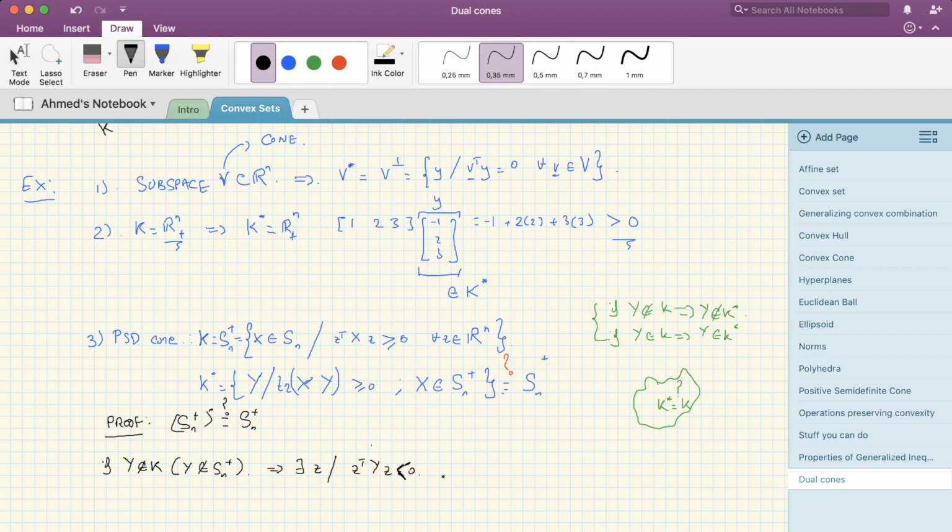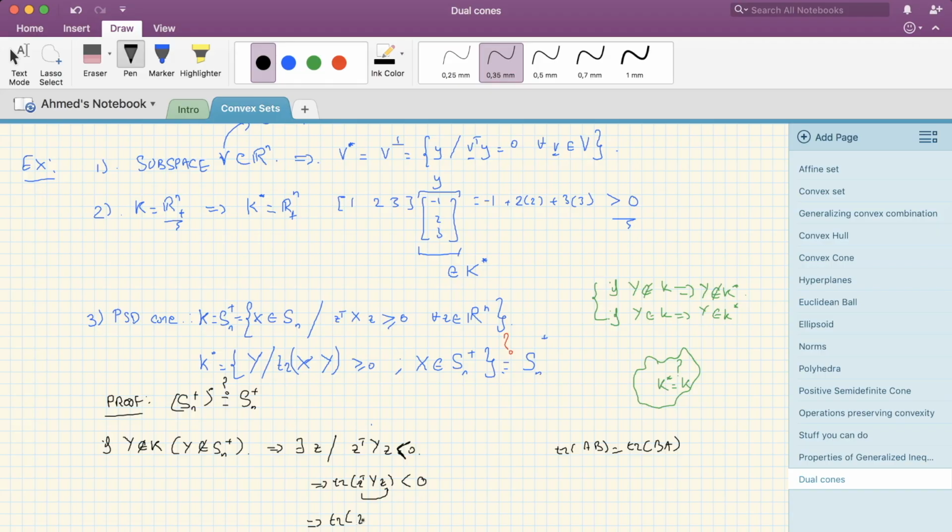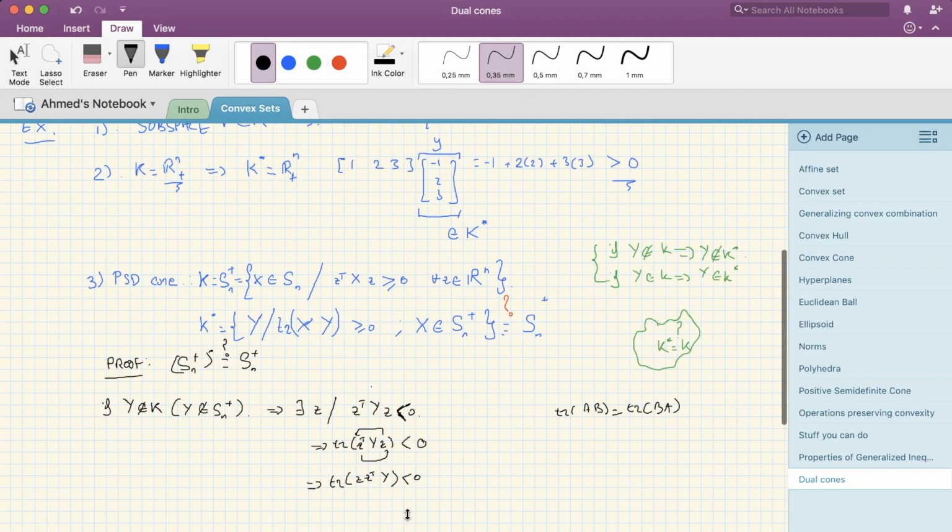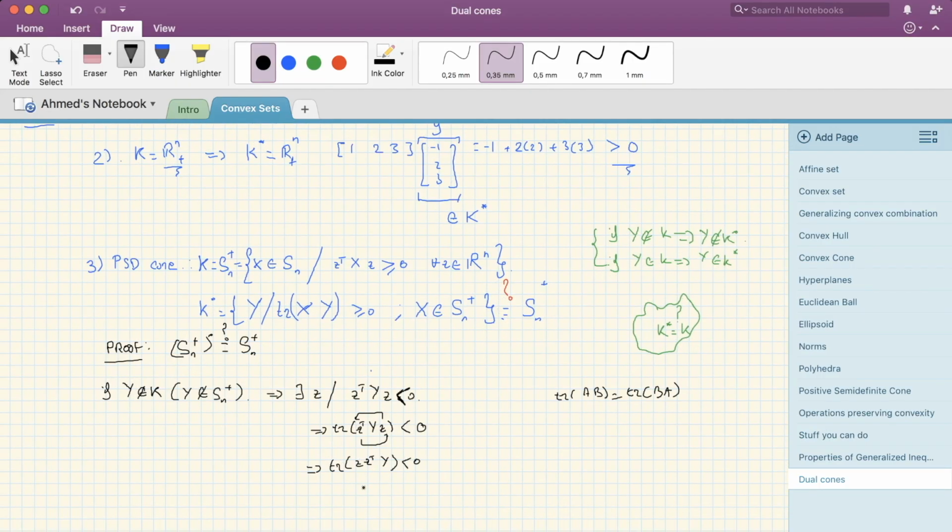The trace is a linear operator. So z transpose yz is less than trace of 0, which is 0. Now, using trace AB is equal to trace BA, we can move this z here, right? It's a circular thing, so we get trace of z z transpose y negative. This exists for some z. I don't know which z, but at least I know it exists, and it's not the 0 vector. Now, what does that mean?